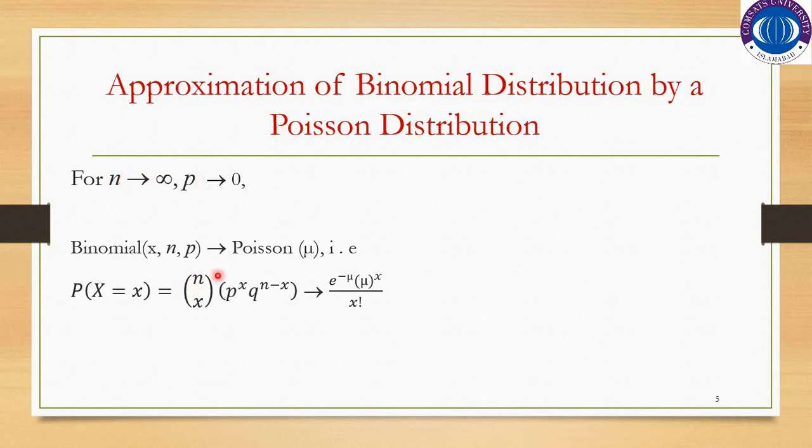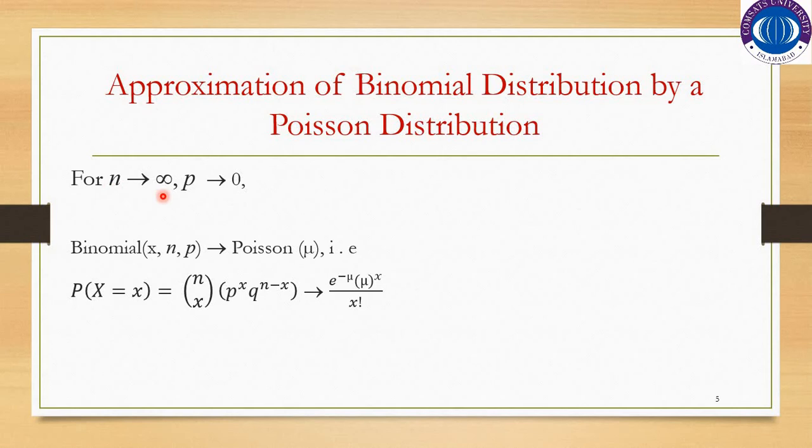So this is the probability mass function of the binomial distribution, and whenever the number of trials in a binomial distribution becomes very large, and the probability of success becomes very small, this one is written n approaches to infinity.